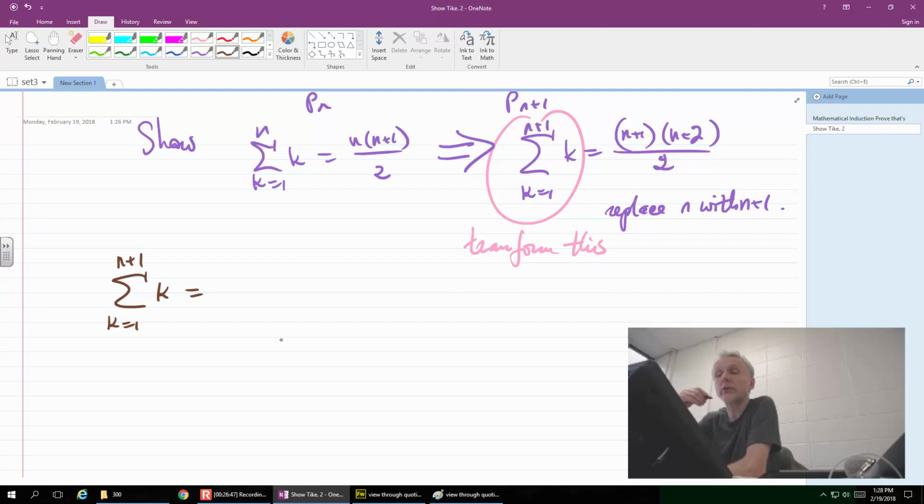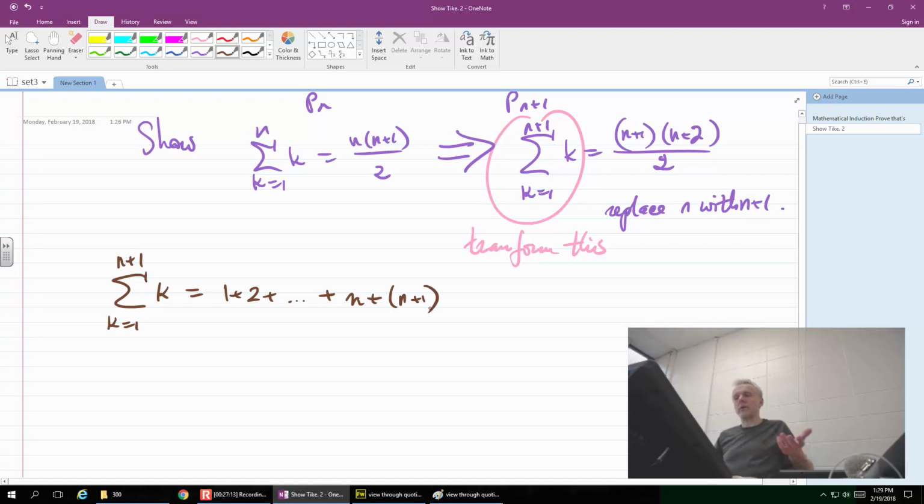So this summation from 1 to n plus 1, I want to look where in this expression is a summation up to n. Well, let's put it this way: 1 plus 2 plus k plus n plus n plus 1. Okay, so is that the same thing?